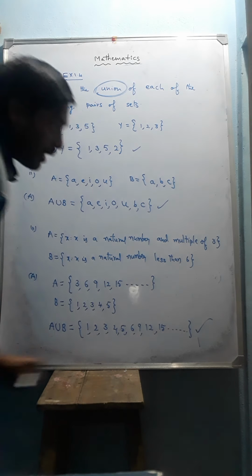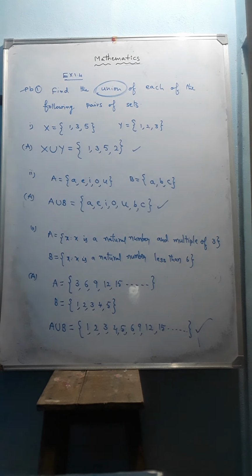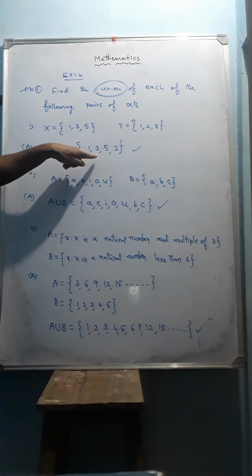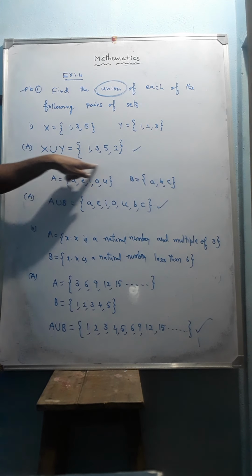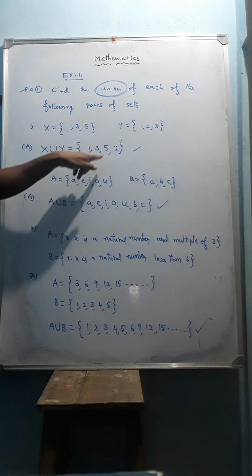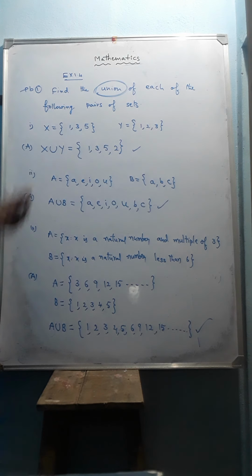Okay, this is the answer. Okay, write down fast. Here the position of an element is not important. You can write an element anywhere in the set. Suppose if you see this answer, you can write it in one order also, that is the set of 1, 2, 3, 5. Both are the same answer only. Okay, next.